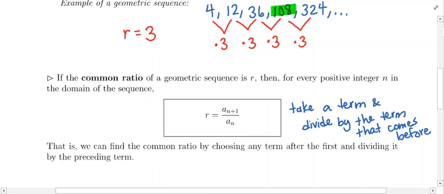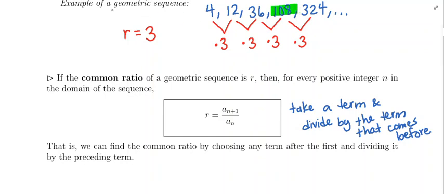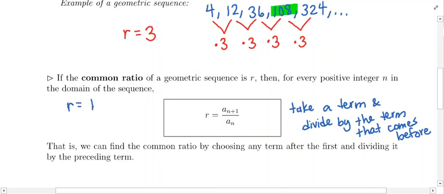So for example, if I take 108 here, I can divide it by the term that comes before it, which is 36. And that's one way I can get 3. So just be careful if you need to be multiplying or dividing to get your R value.